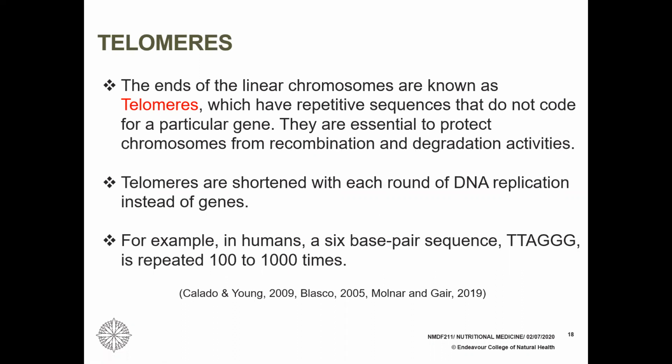So sometimes some of the genes can get lost. They may get degraded. However, instead of genes, we have got this excess material that gets degenerated in the process. So these are the sequence, TTAGGG, and it is actually repeated 100 to 1,000 times in different chromosomes.